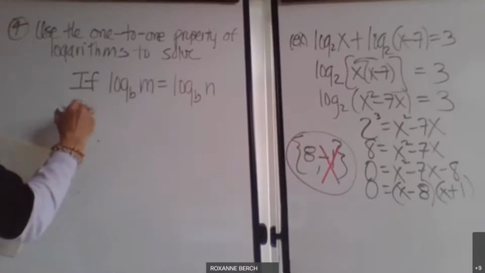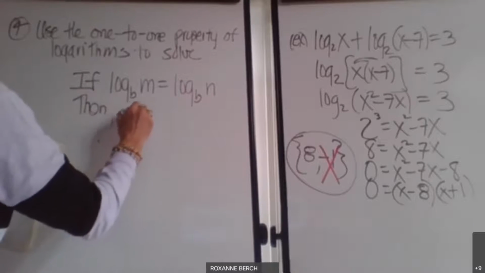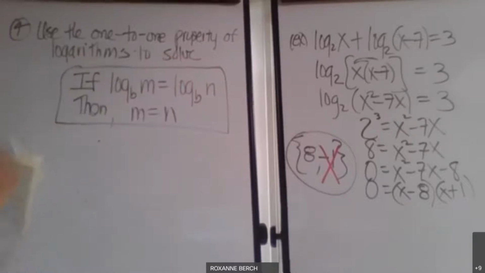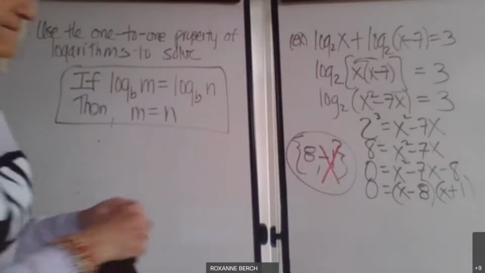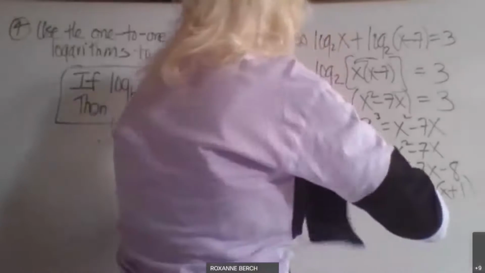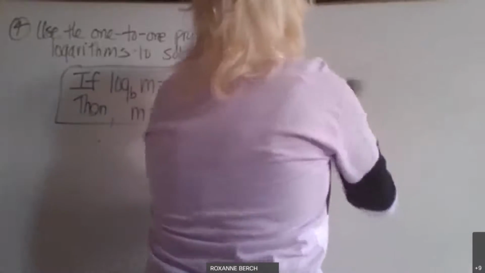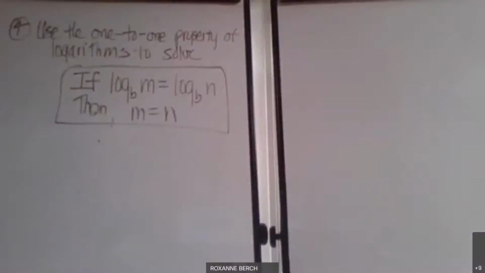If you can equate the logarithms like that, then you can get rid of the logarithm. So there was an exponential one that looked like this. So check this out. We're still solving.